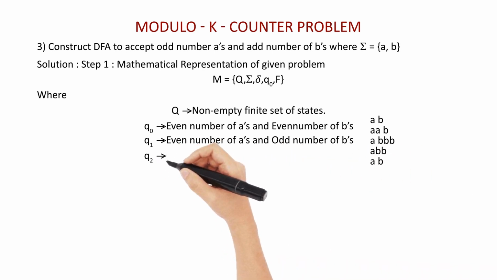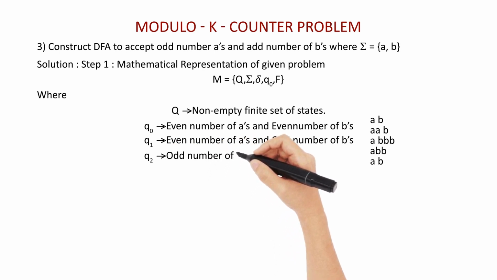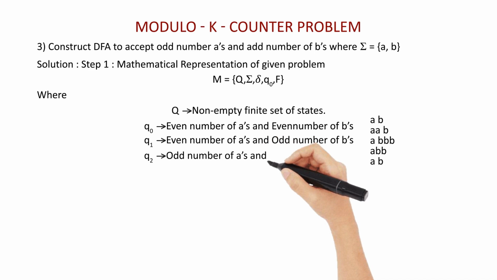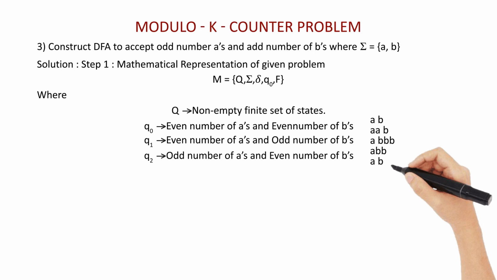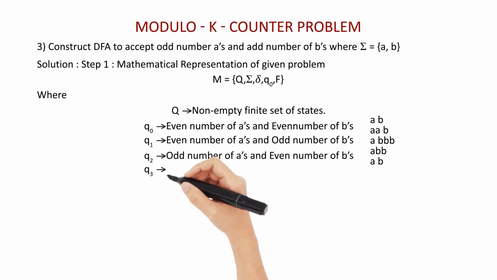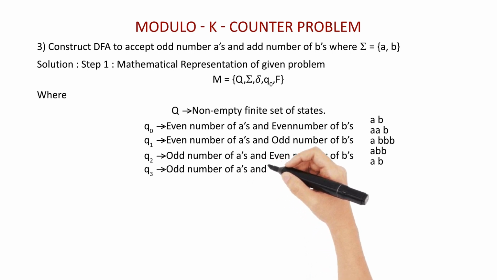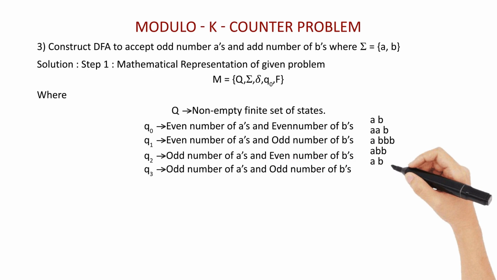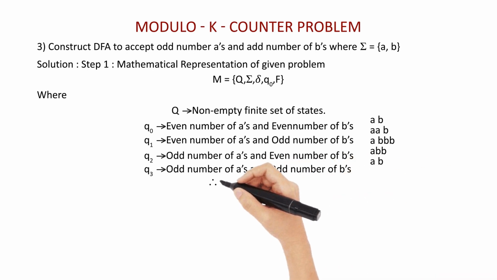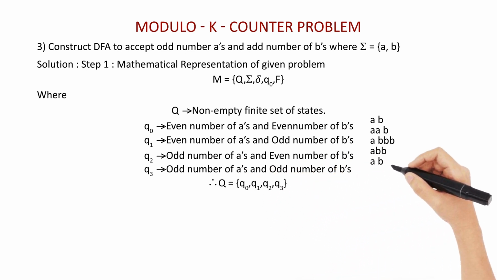Q2 state, which is having odd number of A's and even number of B's, and the last state, that is Q3, which is representing odd number of A's and odd number of B's. Therefore, my Q becomes Q naught, Q1, Q2 and Q3.